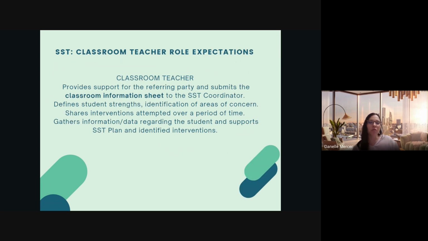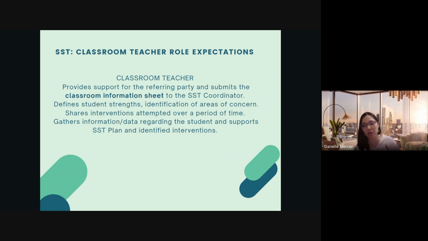So going into a little bit more of the teacher aspect of this process. SST classroom teacher role expectations. The classroom teacher provides support for the referring party and submits the classroom information sheet to the SST coordinator. To stop and elaborate on an SST coordinator, that's who your site has identified to coordinate this process.